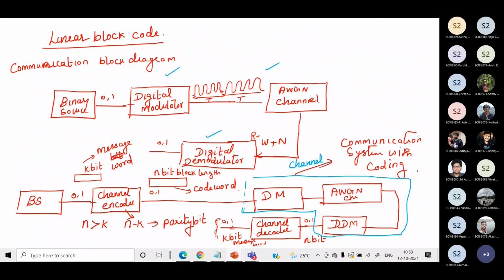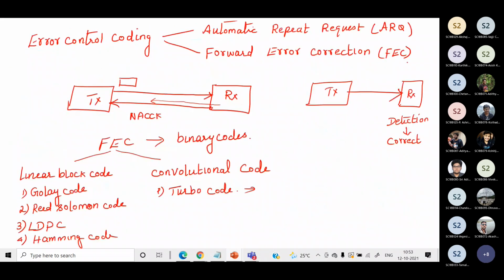So now I'll just recap the things we have seen. The general classification for error control coding is of two types: one is automatic repeat request, another is forward error correction coding. In automatic repeat request, at the receiver we won't do any correction. The receiver's functionality is to identify whether any error occurred or not.